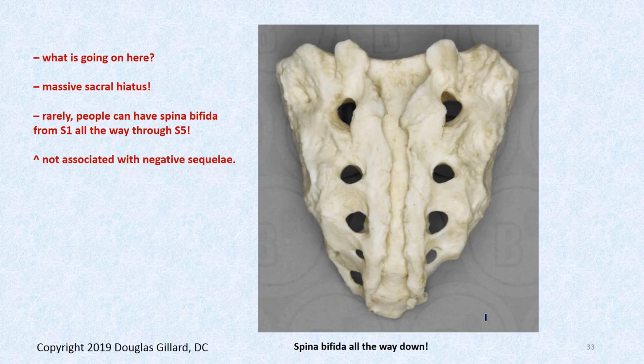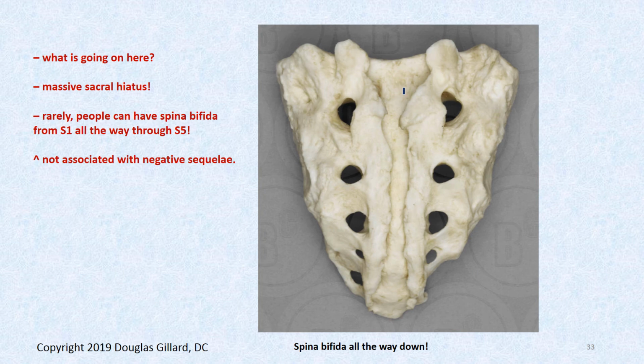What do we make of this? We actually have one of these in the lab. What do you make of that? Well, it's a massive spina bifida, right? Do you see any spinous tubercles? No. That does happen from time to time.